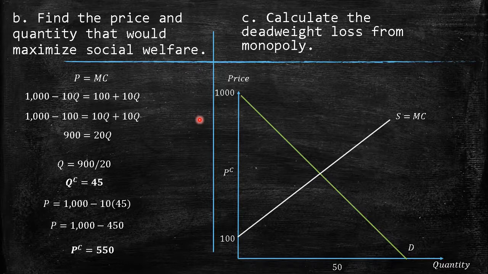And here we have the demand price, which would be 1000 because when Q is 0 it is 1000, and when the price is 0, the other one should be 100. Okay, here we have the competitive price.